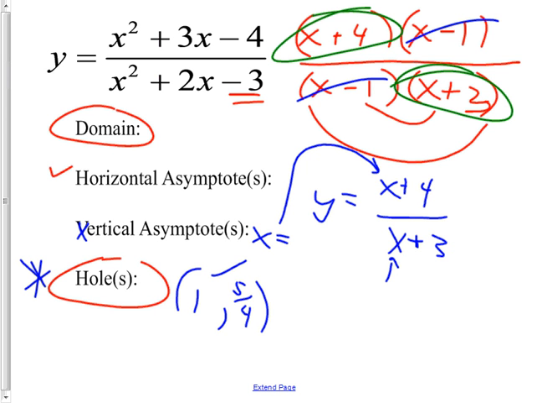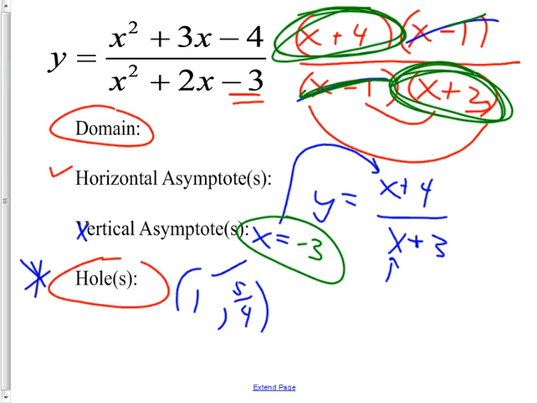The -3 or the -4? -3. Because that being 0 wouldn't be a problem. It's okay to be 0 on top. Some of you are not looking up here. It makes me wonder what you're looking at on your iPad. Please stay with me. So I just found the other thing that makes this equal 0. Not the hole. We already did that. It's the other thing that makes it 0.